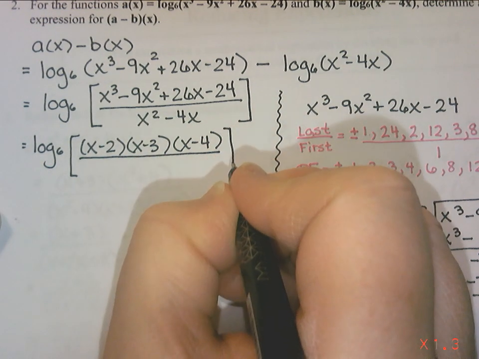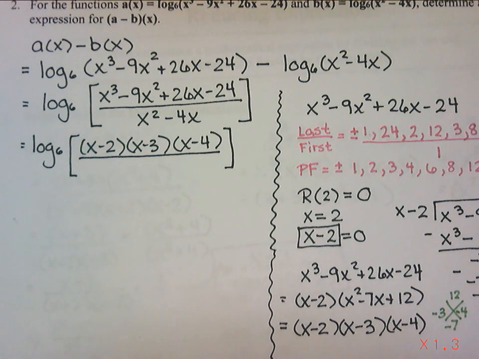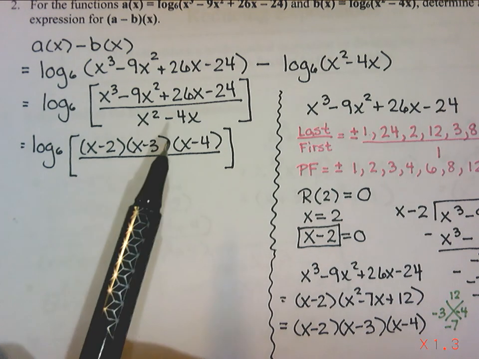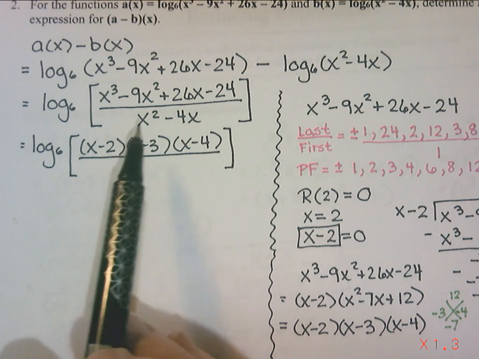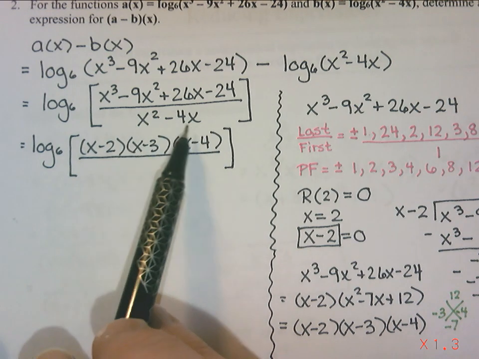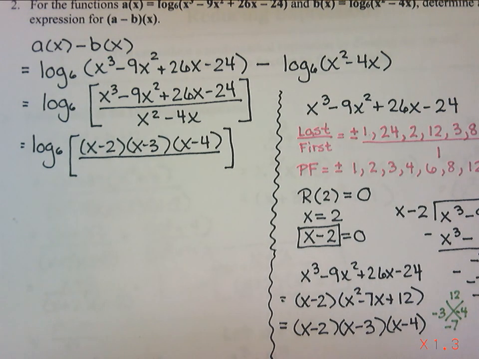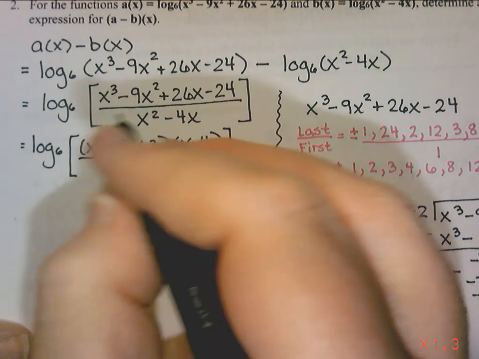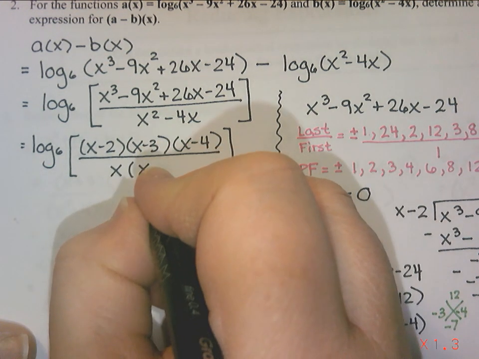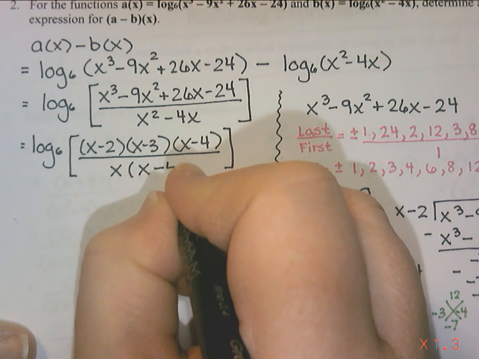Now, denominator. I'm hoping I don't need to do it off at the side because I am pretty much out of room. X squared take away 4x. I do have 2 terms, and I notice they have a common factor. They both have an x, so I can common factor out the x, and then x squared divided by x is x, -4x divided by x is -4.